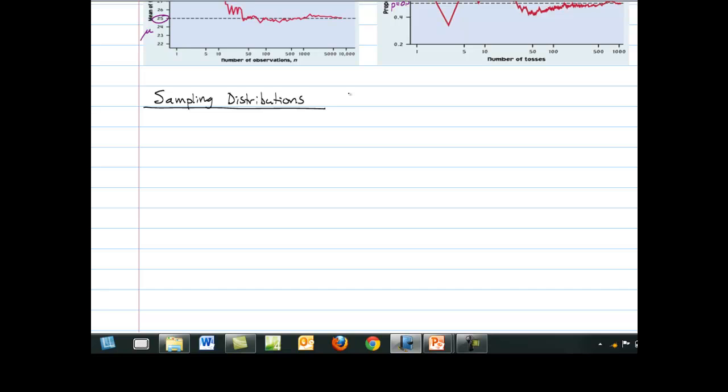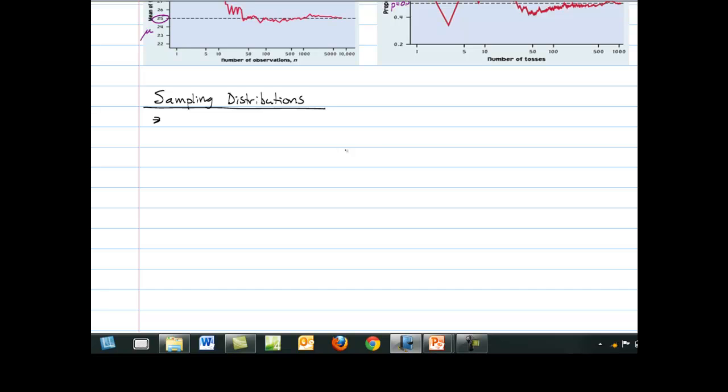So a couple quick notes. When we're talking about a sampling distribution, we need to understand that when I sample different groups of, let's say, size 10 from a population and calculate the average of that sample, the average is going to vary from group to group. I'm not going to get the exact same value out of each one. So different random samples taken from the same population will give different statistics.